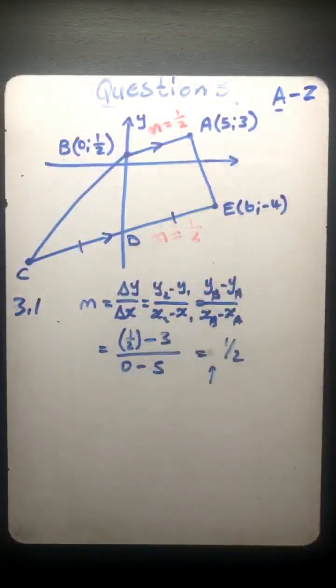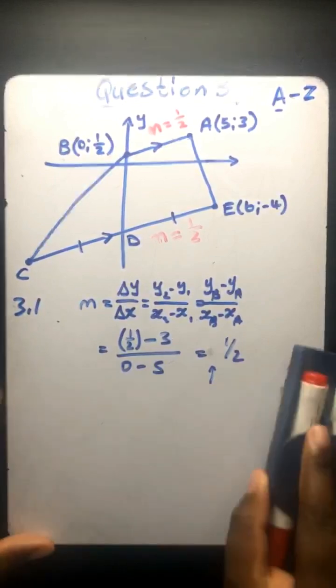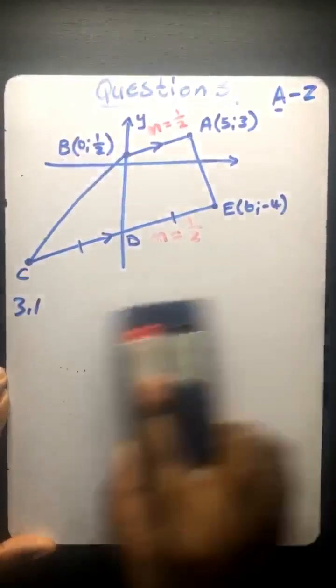I'm not sure if that makes sense to everyone, but if it doesn't, make sure to ask me why. There is a reason to every maths problem, or there is a reason to every explanation. Whatever feels like it is confusing you, let me know and I'm going to explain. So I assume everyone understood that part.